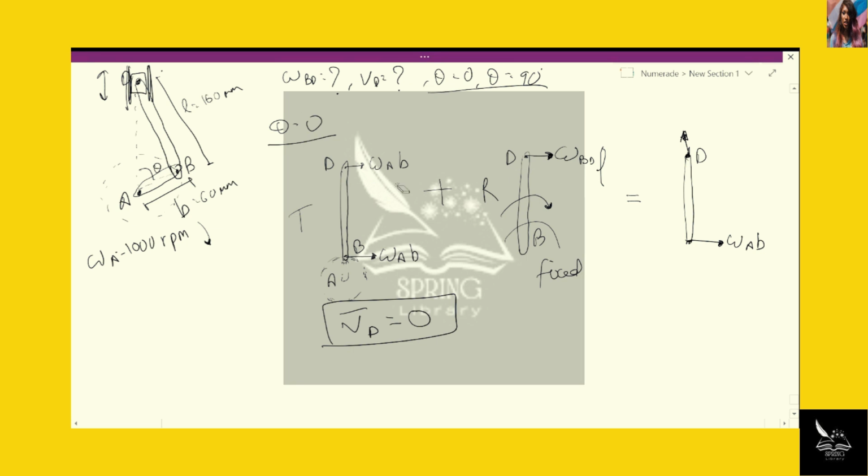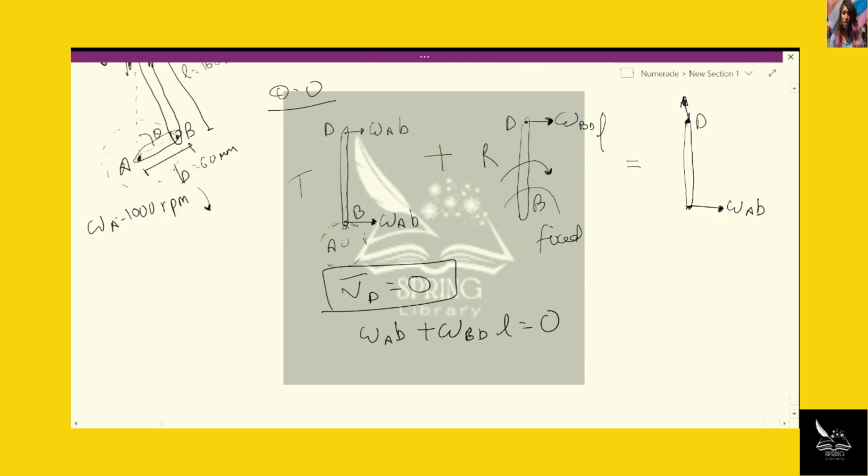So in this situation, for this theta, there is no vertical motion possible. Now the horizontal component has to be 0 because this piston is restricted to move only along the vertical. So that means that omega A times B plus omega BD times L has to be 0. That means omega BD has to be minus omega A times B divided by L.